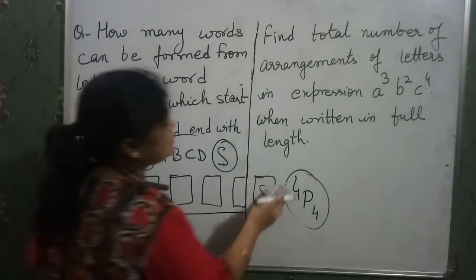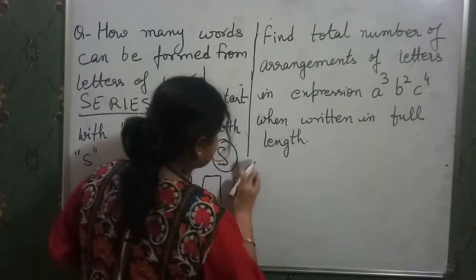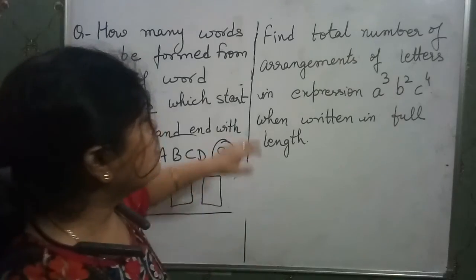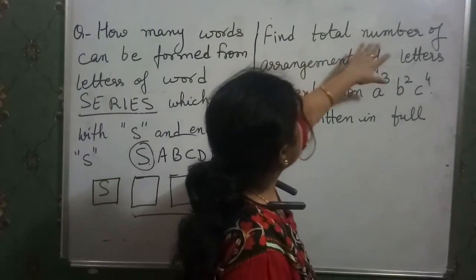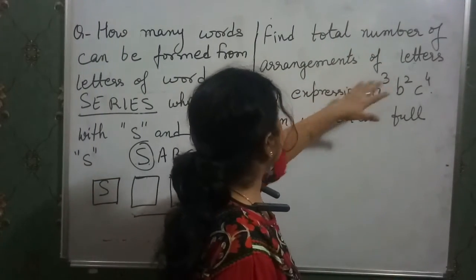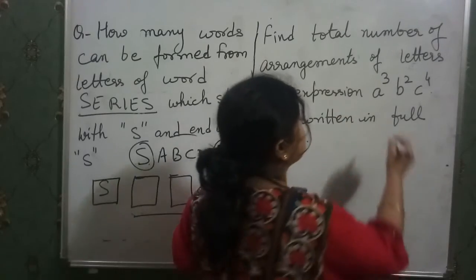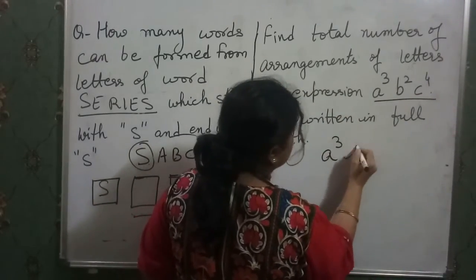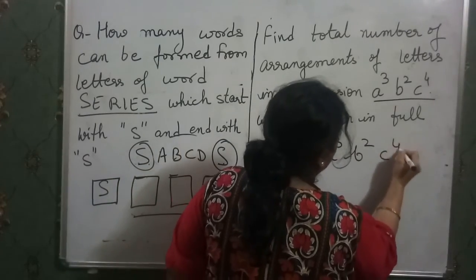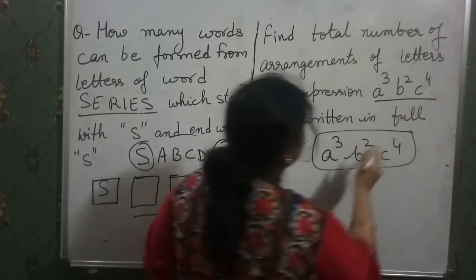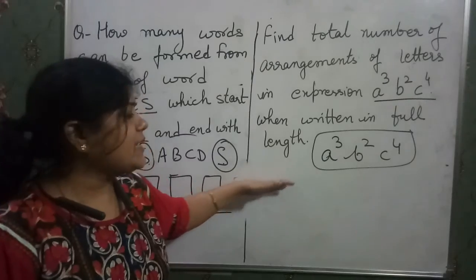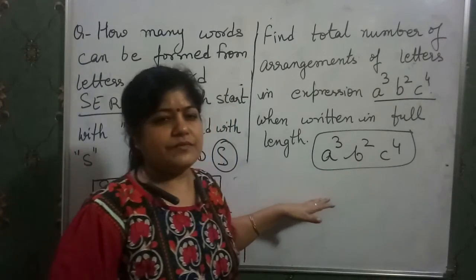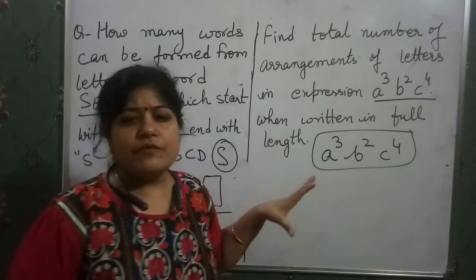Now the next question which I have written in this section, just come here. Find the total number of arrangements of the letters in this expression. For example, we have an expression of letters in this way, and we have to find the number of permutations, the number of words which can be formed using these letters in full length.